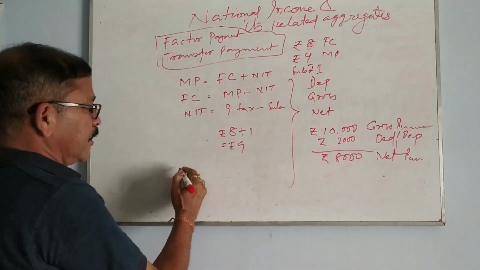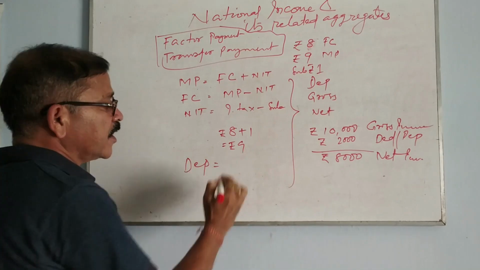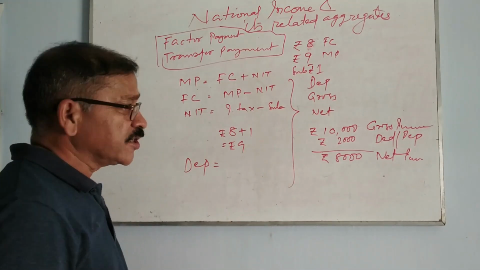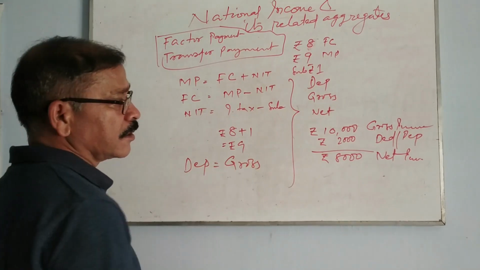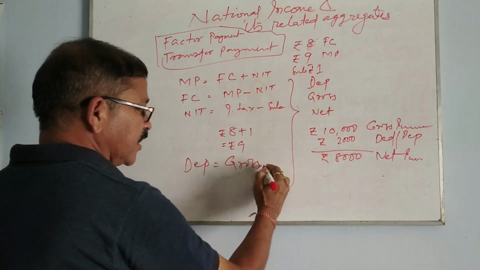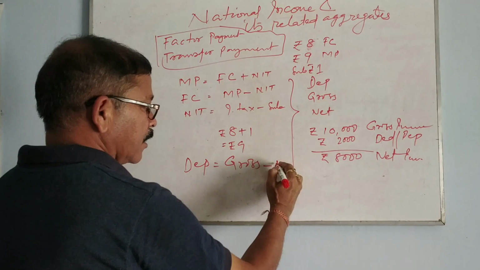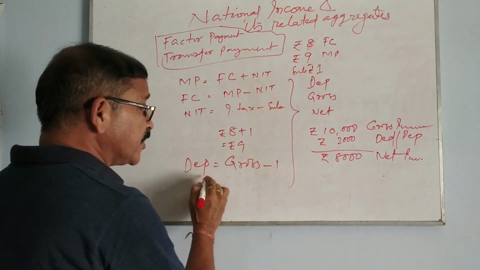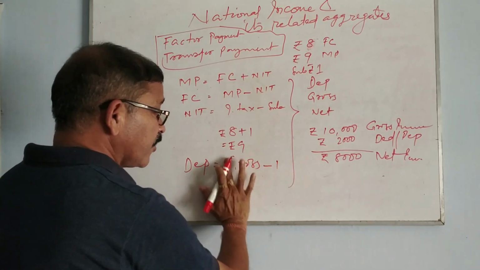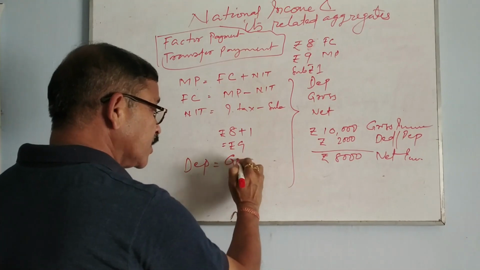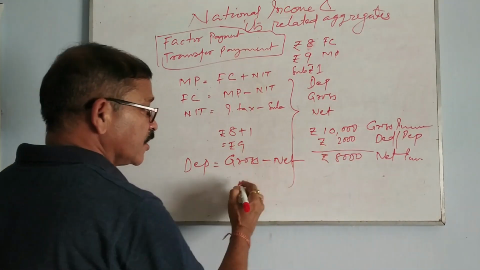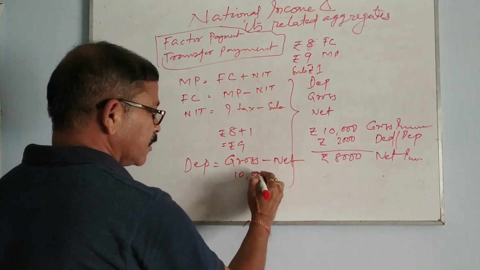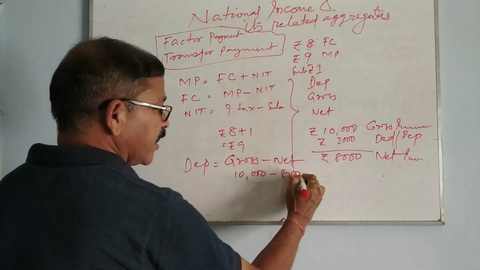Suppose you want to find out depreciation, then what you have to do is gross minus net. Gross is 10,000, net is 8,000.